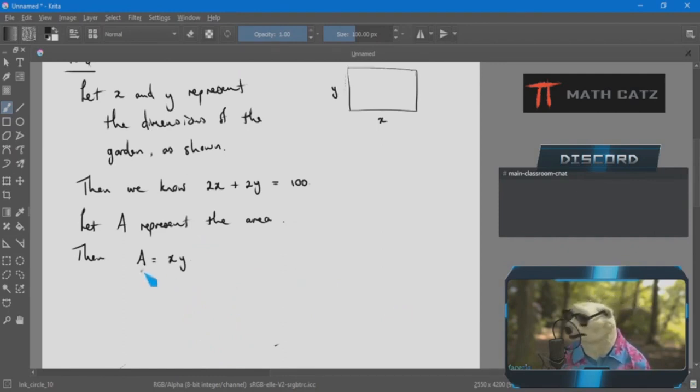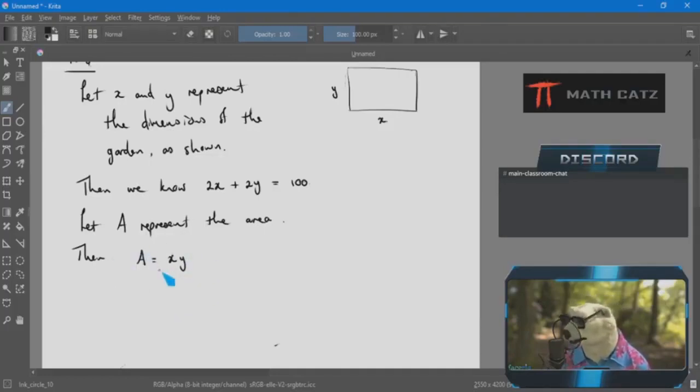But if I look at this function, this area function depends on 2 variables. And when I've done my analysis, increasing, decreasing behavior, finding critical points, whatever I want to do, it's always a function of just 1 variable.